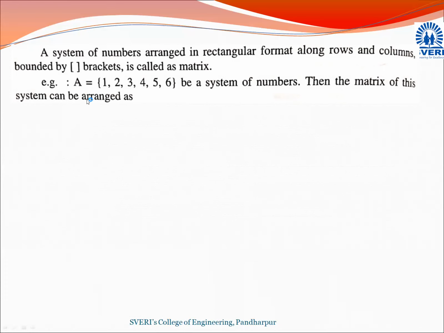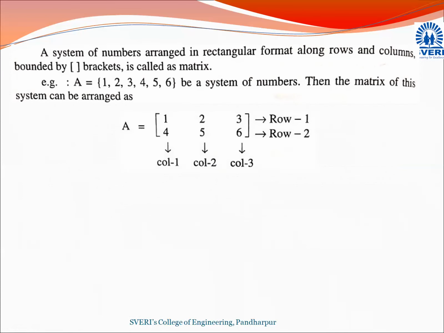Here we have an example: A is equal to the set of 1, 2, 3, 4, 5, 6, which is a system of numbers. The matrix of this system can be arranged as A equal to, in square bracket, 1, 2, 3, 4, 5, 6.